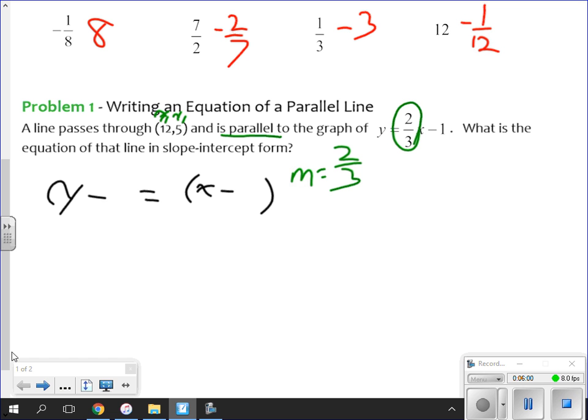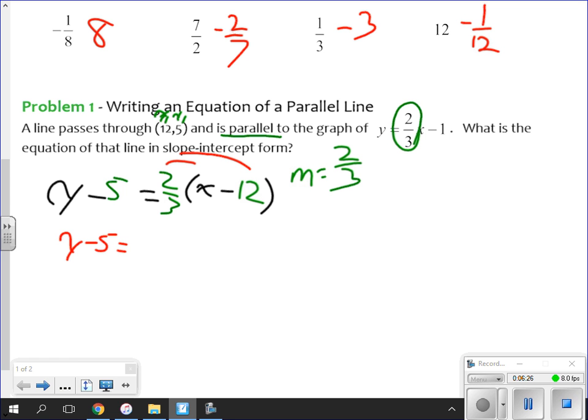Y minus my y coordinate, 5, equals my slope, 2/3, times x minus my x coordinate, 12. Now it says that it wants me to do it in slope-intercept form, so I need to rearrange this. First step, distribute the 2/3.